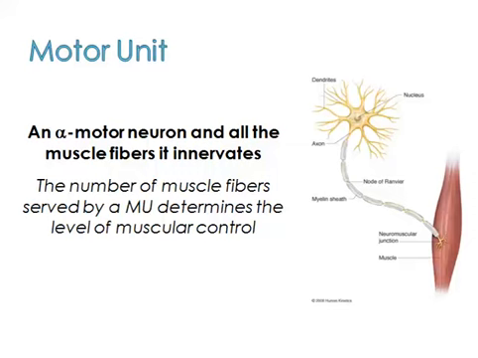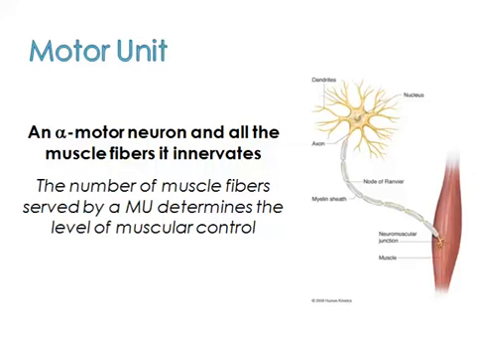That can vary quite a bit, and that has to do with the level of muscular control. The number of muscle fibers served by a motor unit determines that level of control. So we can have anywhere from just a handful of muscle fibers innervated by the same motor neuron, which occurs with muscles in the eye, to something like the gastrocnemius, where one motor neuron innervates well over 1,000 individual muscle fibers.